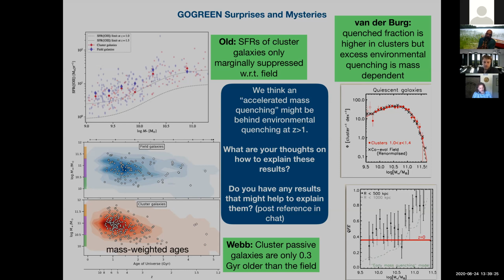In other words, if the only thing we have to play with is a time difference between those two populations, we can't seem to reconcile all the results. What drives that is the fact that the age difference Christie sees is quite small, whereas you would need a bigger effect to explain the higher quenched fraction that you see in the clusters. So reconciling those has been challenging.